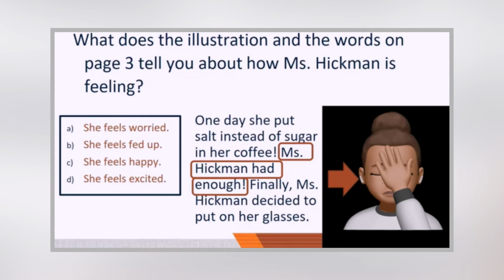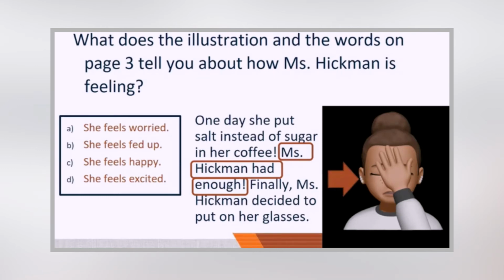Now, let's read our answer choices and see if we can find how Miss Hickman is feeling. A, she feels worried. B, she feels fed up. C, she feels happy. D, she feels excited.